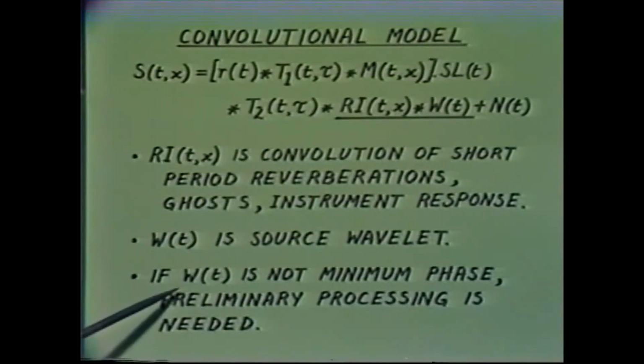Now, W of T, the source wavelet, is normally assumed to be minimum phase. If it is not, then some preliminary processing is needed before deconvolution in order to convert the source wavelet to minimum phase.